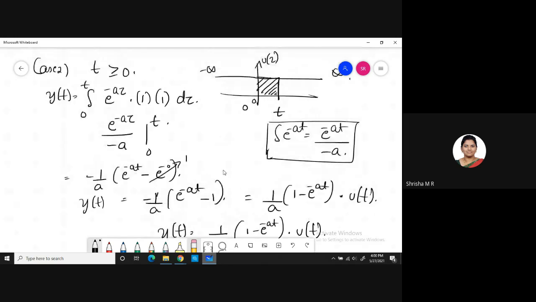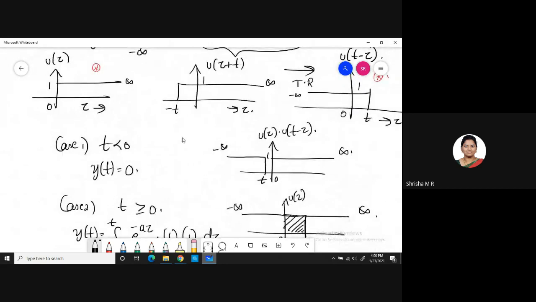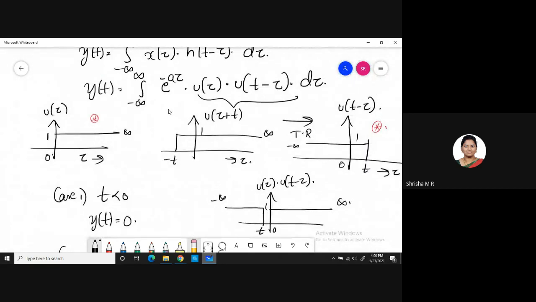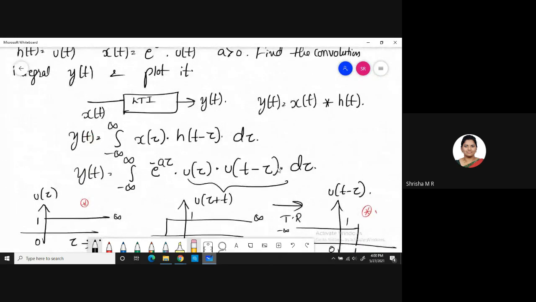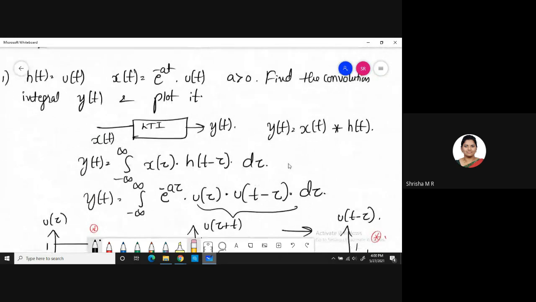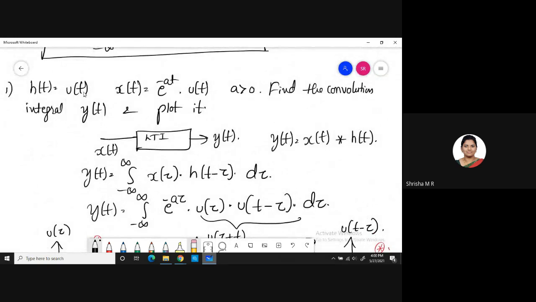Did you all understand this problem? Shall I brief up once? So you have been given h of t, it is unit step, and x of t is e power minus at into u of t, where a is greater than 0. You have to find the convolution integral, that is y of t, and you have to plot it.